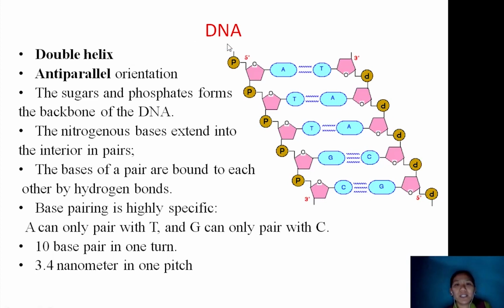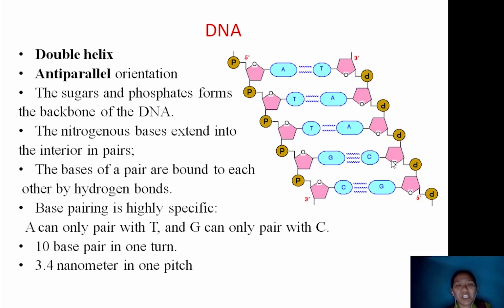It is a double helix structure. We have one strand of DNA, one strand of a polymer of nucleotides here, and another strand here. These are double-stranded structures which are twisted like a helix. This double helical structure of DNA was proposed by Watson and Crick.